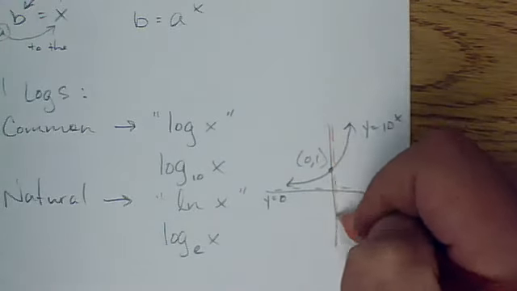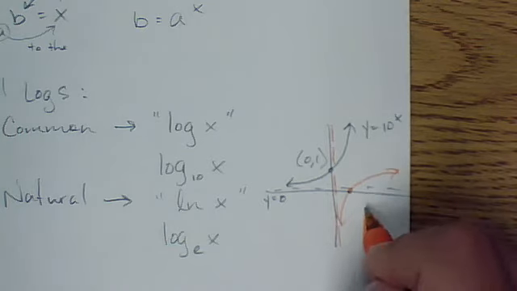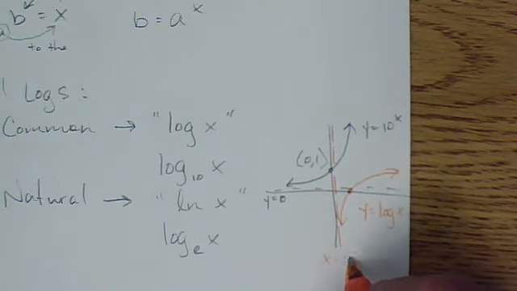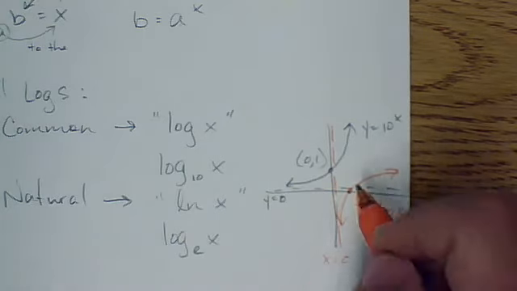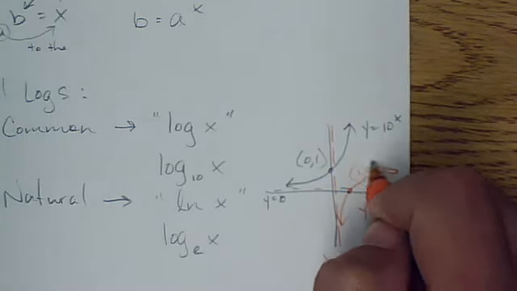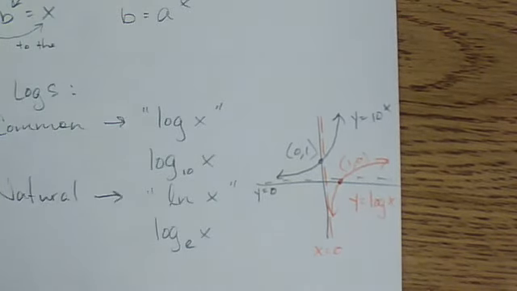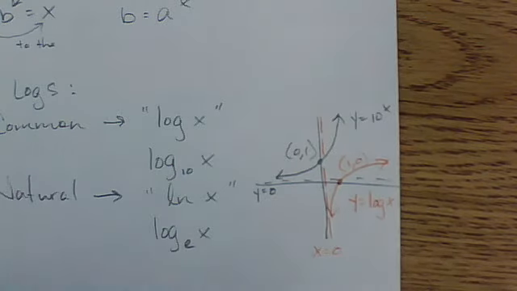Then the common log graph looks like that, with a vertical asymptote at x equals 0. So if this point is 0, 1, then this point right here is 1, 0. You can see the reflection over the diagonal y equals x, because they're inverses of each other.